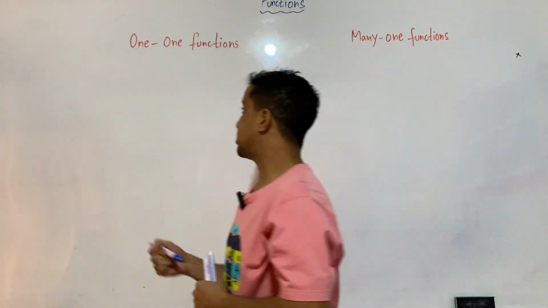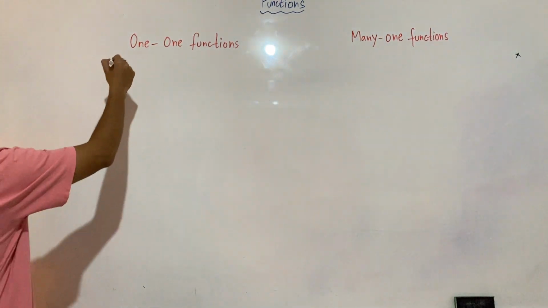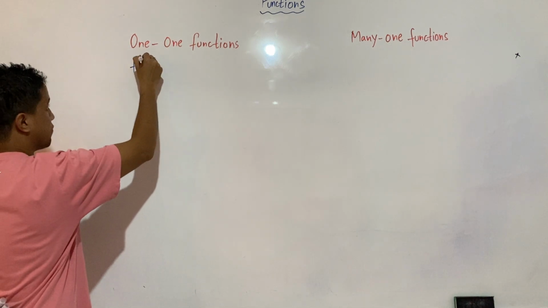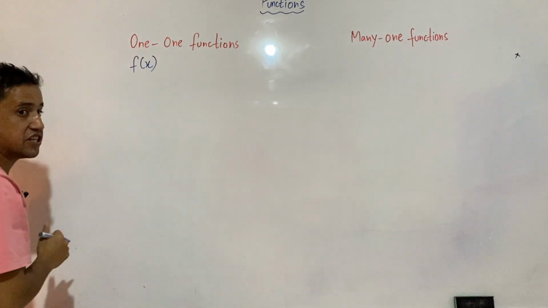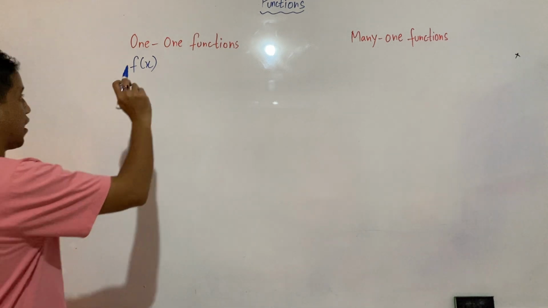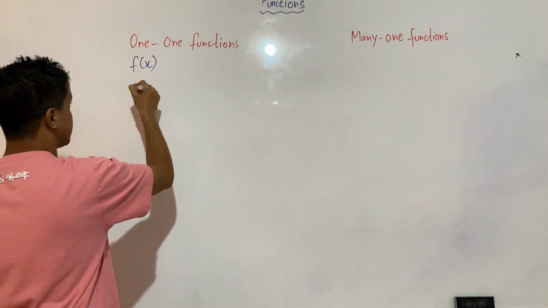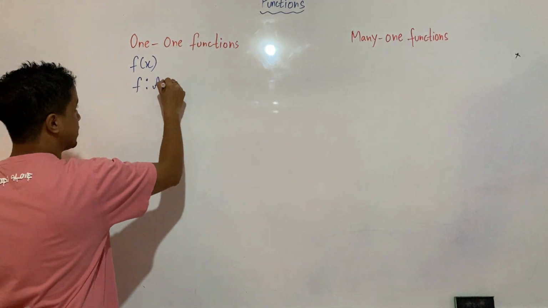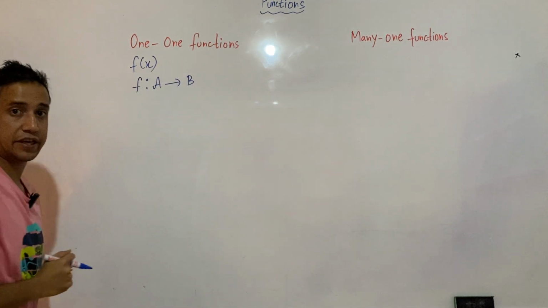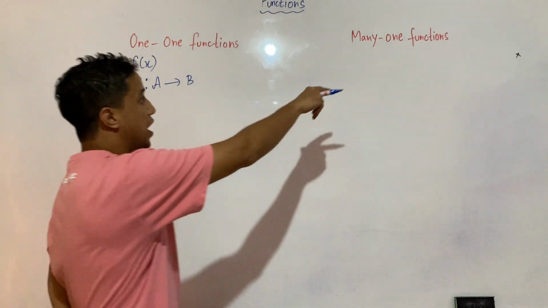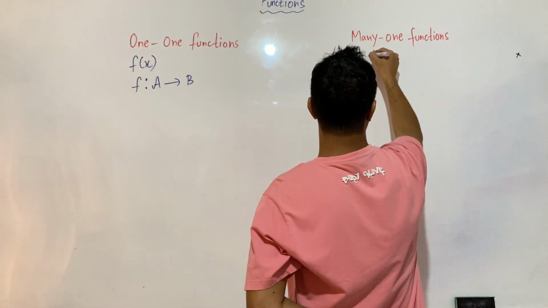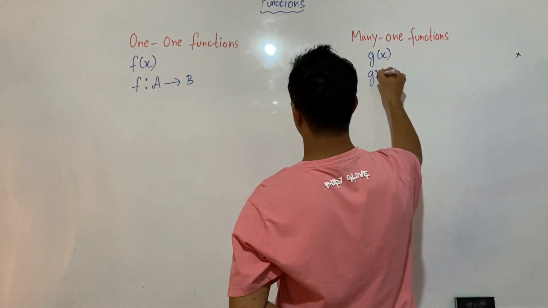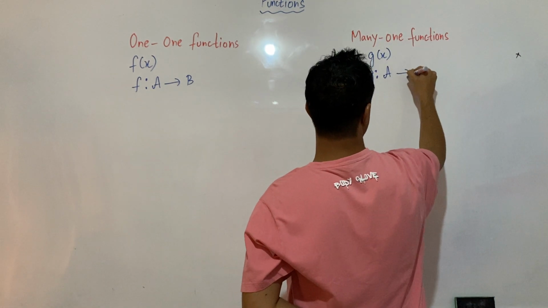Let's say that here I have a function f(x), and this function is defined from set A to set B. And here I have a function g(x), and this function g(x) is also defined from A to B.